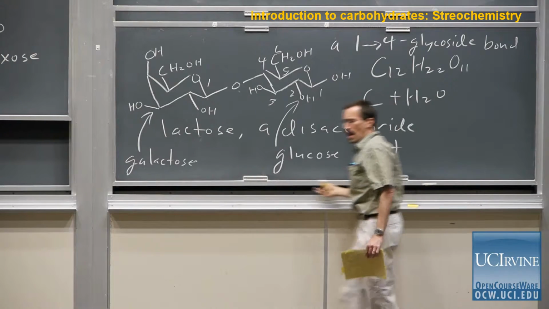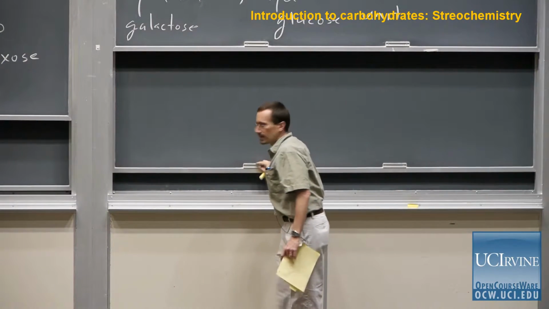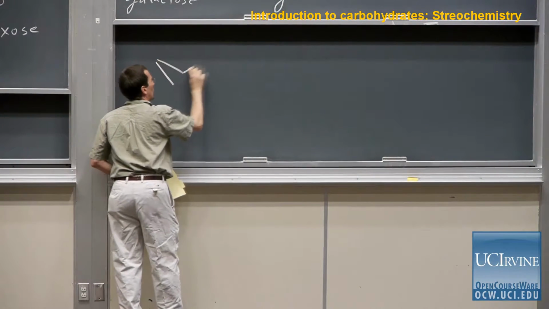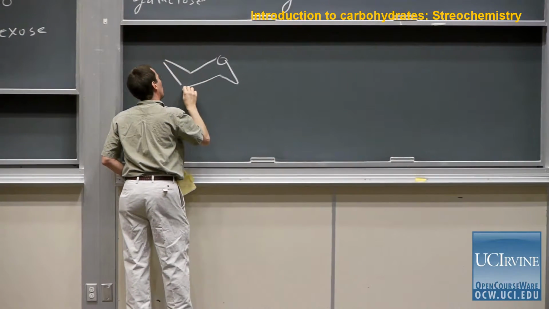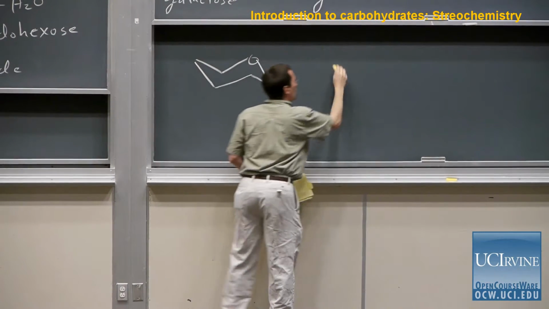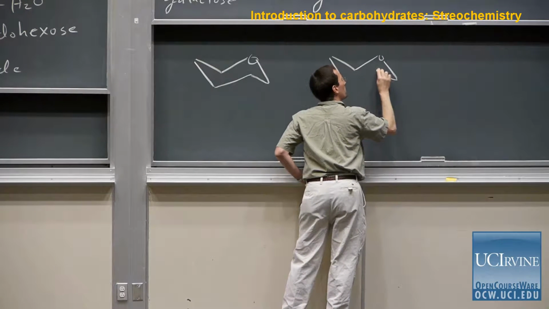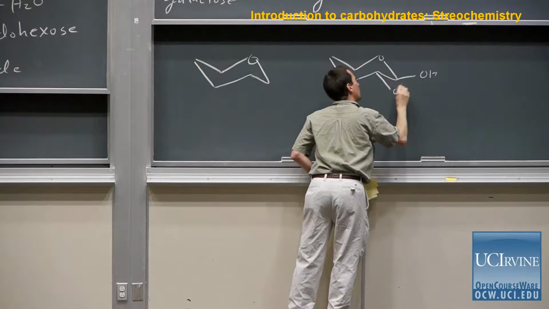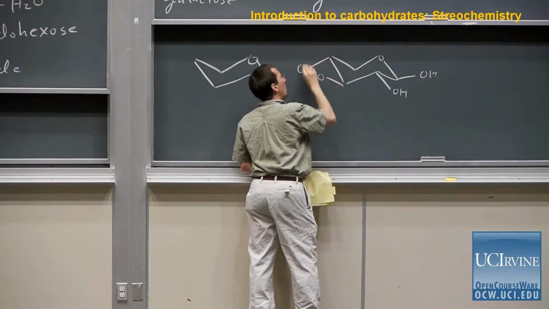I want to draw out the units, the subunits here in galactose. So I'll draw out the two sugar units. I'll redraw glucose again. It pays to practice a little bit in your drawings, and I've got to say I'm no artist as far as cyclohexane rings go.